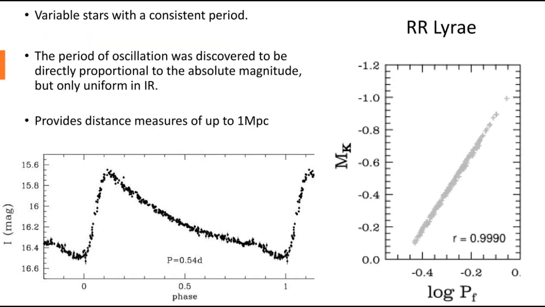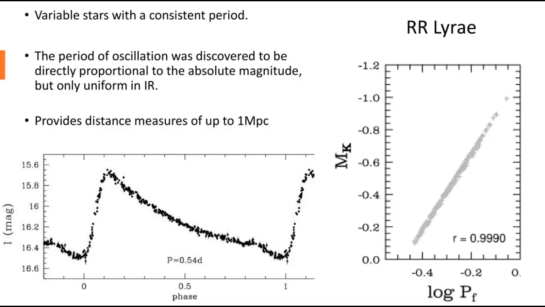And it turns out we can make the variable stars that we talked about act like standard candles. So what do I mean by that? We have this RR Lyrae, it has a given period, and it turns out if we make a graph of the period versus the magnitude of the star, we get a nice linear graph. You have to do some logarithmic stuff, but that's not important for right now.